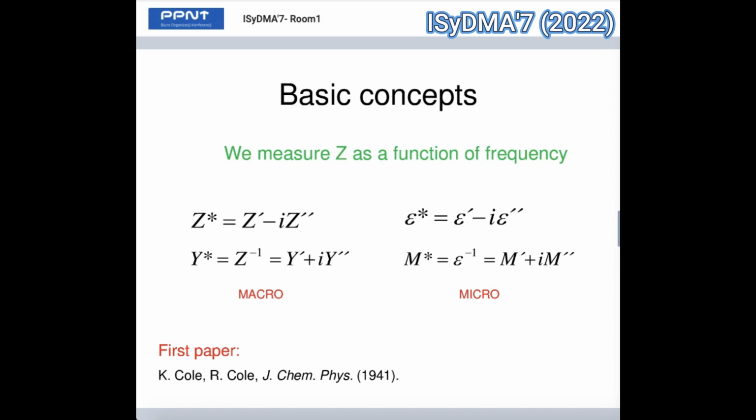And in some cases, we prefer to calculate the inverse of this permittivity, which we call the modulus, also with a real part and an imaginary part. So with this simple measure of impedance, we have four entities that we can calculate. Depending on the material and the data, sometimes you can use one or the other.